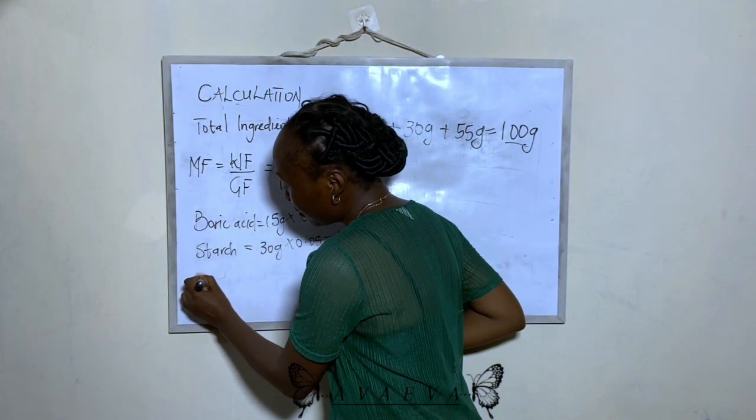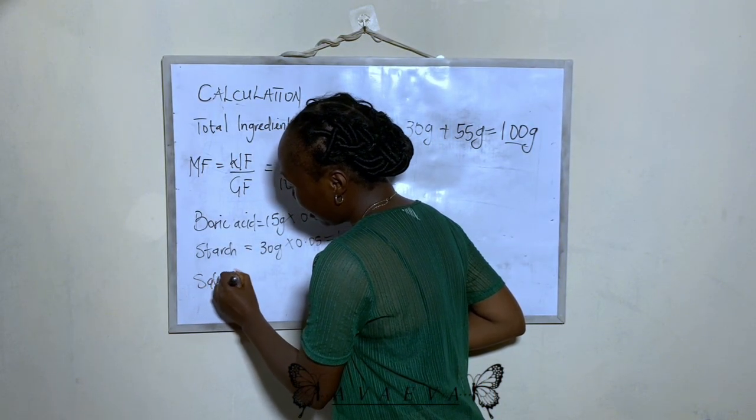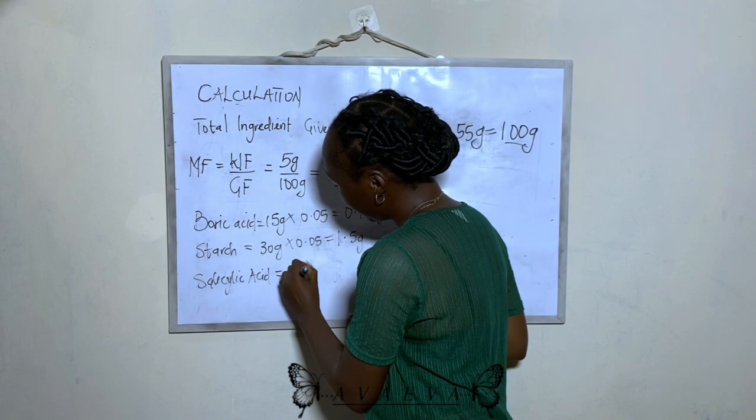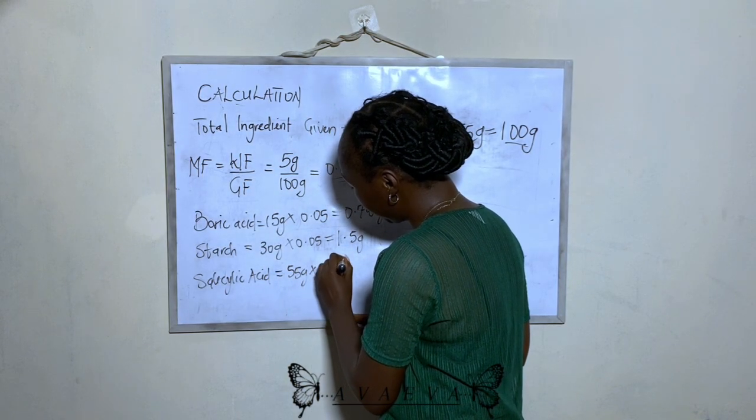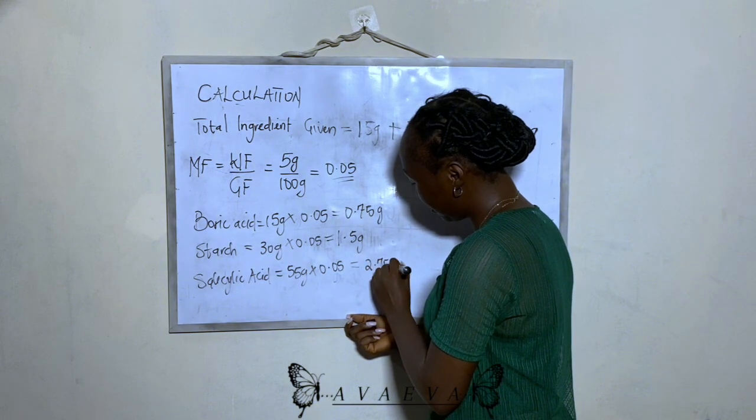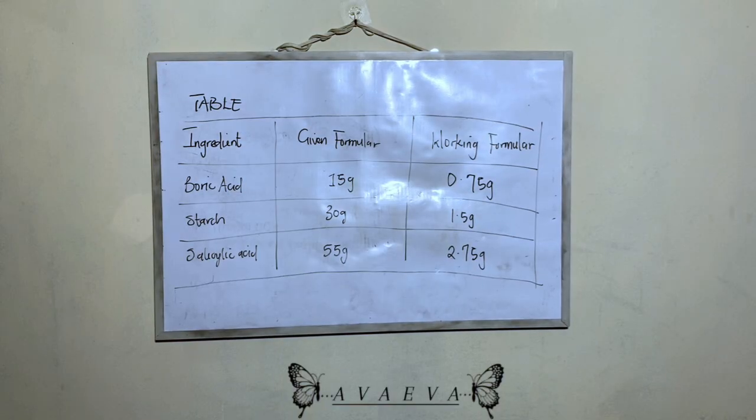And lastly, you have salicylic acid, which is 55 grams times 0.05 will give you 2.75 grams.